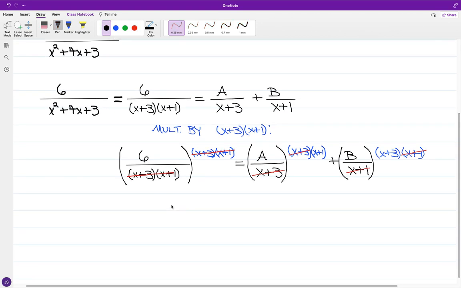So setting up what we have now, left hand side we'll have 6, and that is equal to a times the quantity of x plus 1, and as for b, this will be times the quantity of x plus 3.